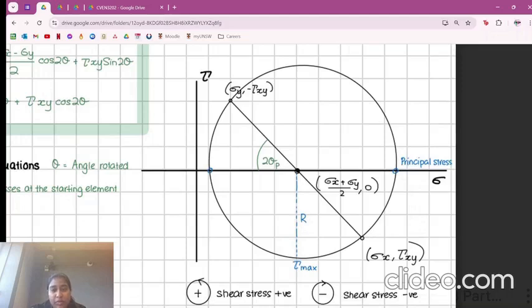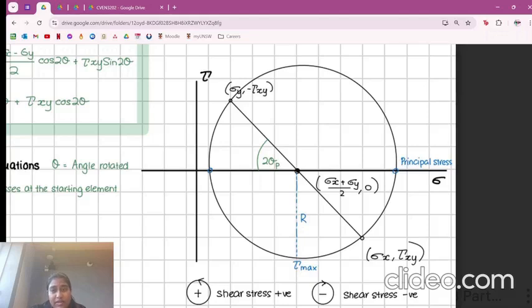The middle of the Mohr circle here is your average stress, right? And then you've got your radius here, which is representative of the maximum shear stress value. And on this side, the radius goes from the center to the minimum normal stress and then the maximum normal stress.